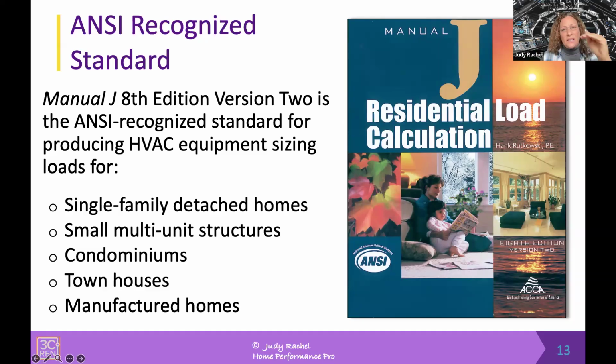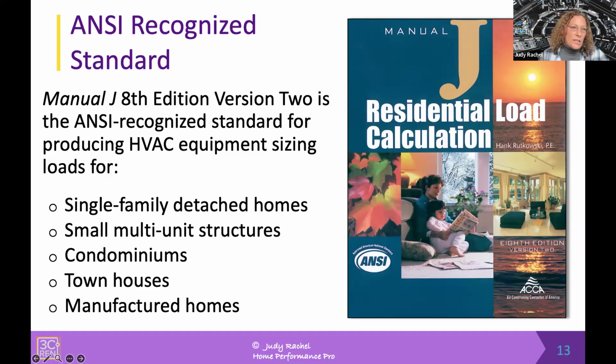But they don't actually give us a procedure to go through to get to the heating and cooling load calculation in any way that most of our brains could wrap around, and that we could get people to pay for. So ACCA Manual J has really become the thing that we use to do load calculations.